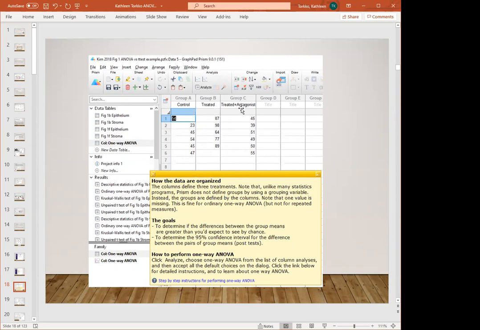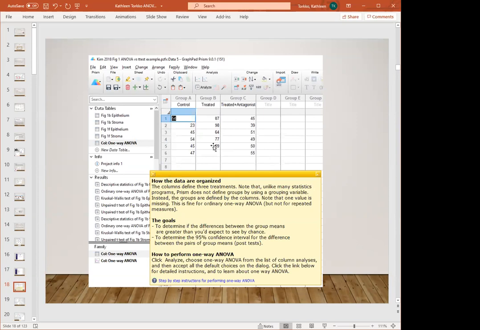Now, one thing that I don't like about Prism is that your different treatment groups have to go into separate columns. In most other programs, I'm a SAS user, you would have a column with your continuous variable in it. Let's say this is age. I don't know what these data are, but say it's age. Then you would have an indicator variable in another column: control is a 1, and these all would have a 1 next to them. These would all have a 2 for treated, and these would all have a 3 for treated plus antagonist.